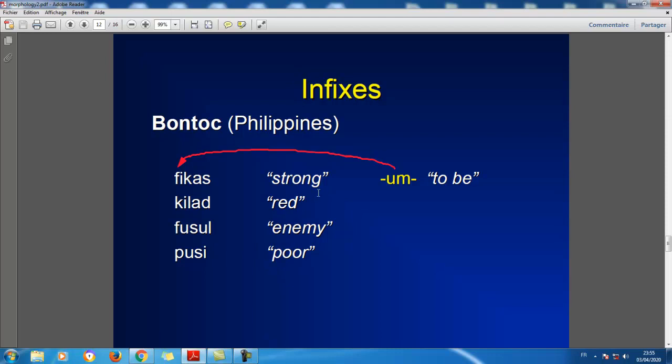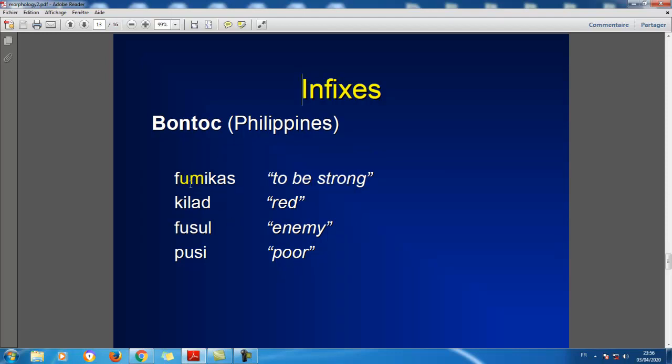Now to say to be strong, to be red, to be enemy, to be poor, we have to add something. But where are we going to put it? Where is the place to express to be strong, to be red, to be enemy, to be poor?